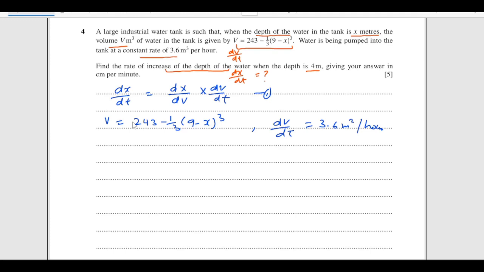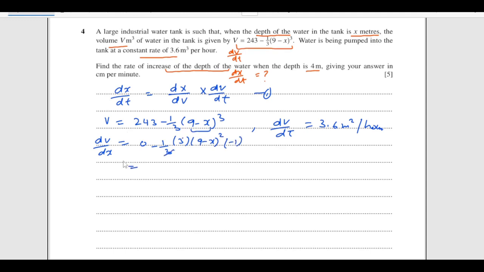So now we will differentiate this, dV over dx. This is going to be 0, then minus 1 over 3, and the derivative of this is going to be 3 times (9 minus x) to the power 3 minus 1, which is 2, and then the derivative of the inside is minus 1 by chain rule.